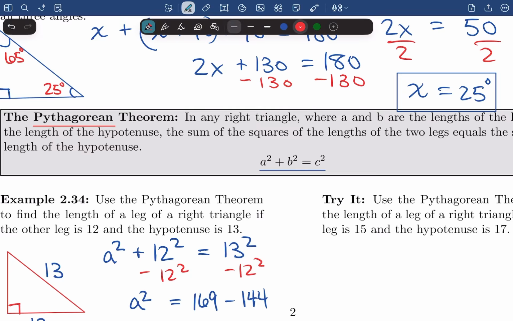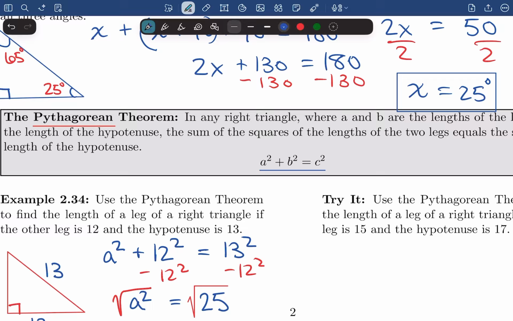Next, to undo squaring, we can square root. So we're going to square root both sides. And 169 minus 144 is 25. So I'll just erase that and put 25 first before I continue. So I square root 25, and I'm actually really kind of excited because 25 is a perfect square.